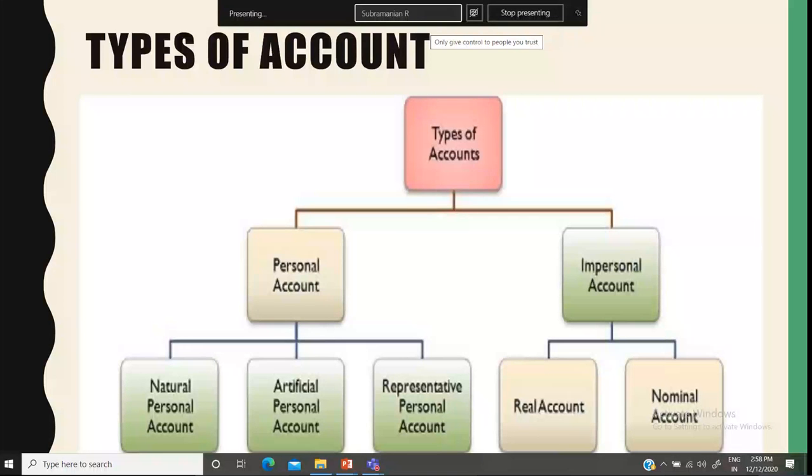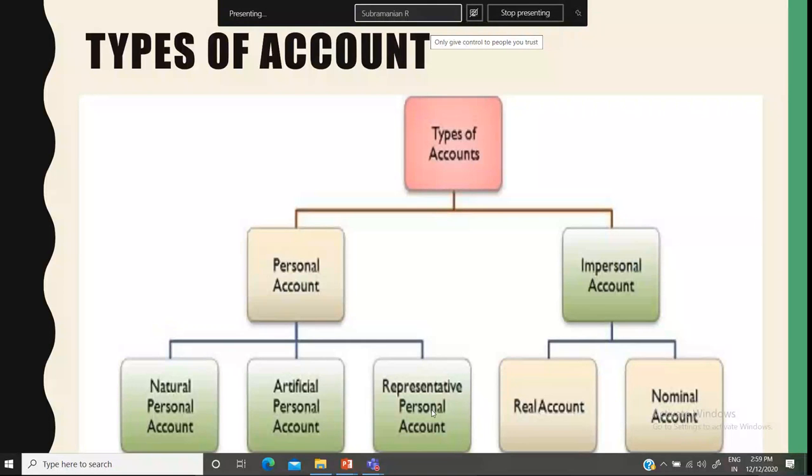Sometimes it is referred to as outstanding income also. Accrued income and outstanding income are the same. And then next is income received in advance. Before giving the service itself, you get the amount in advance, like commission received in advance or discount received in advance. You have got the amount, but you have not given your service to them. That is known as income received in advance.